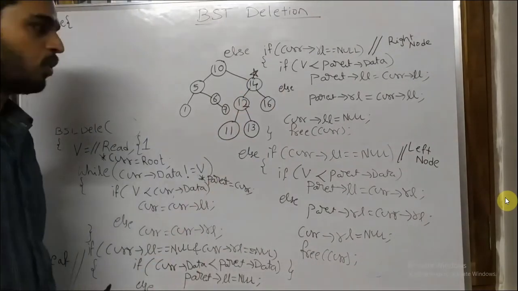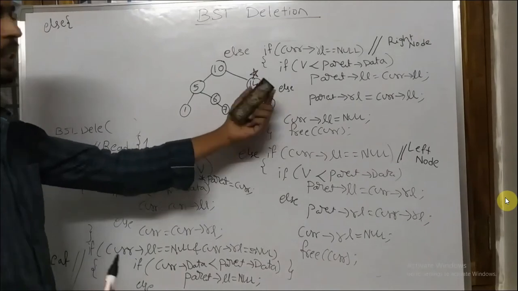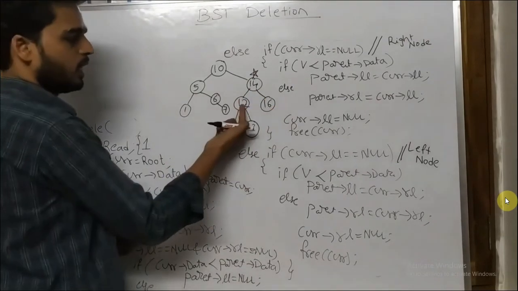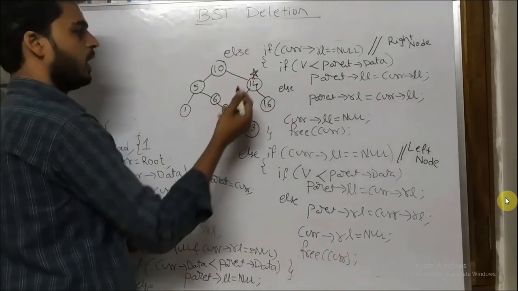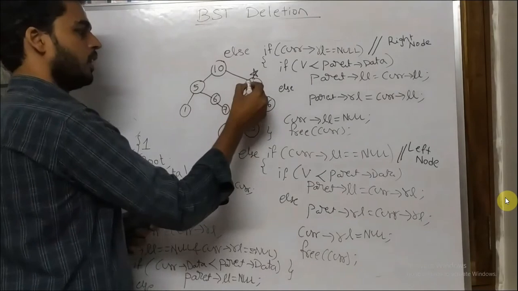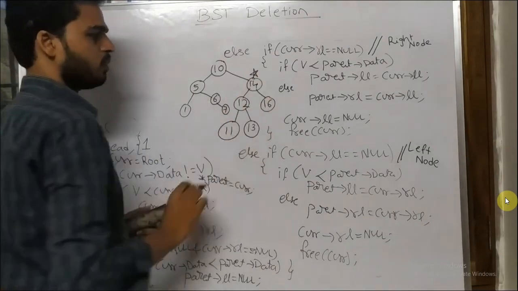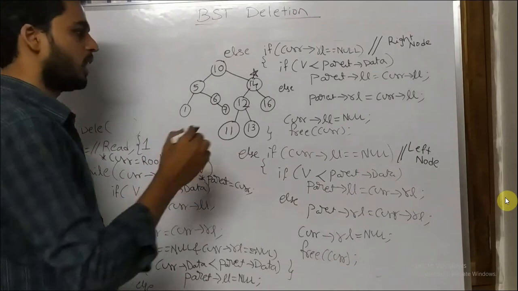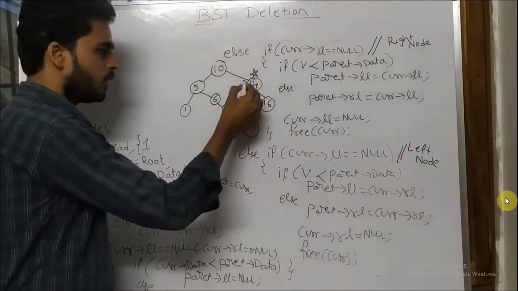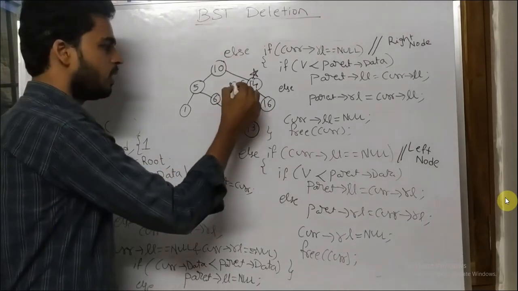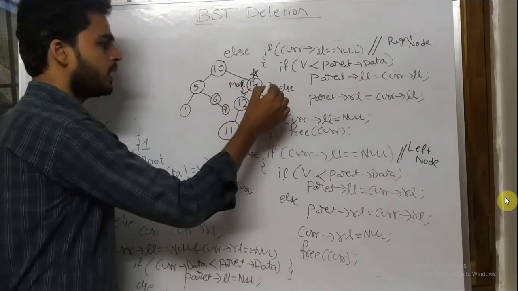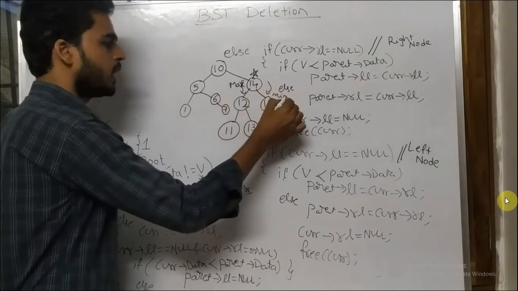If I want to delete the node 14, obviously you know this is having two children, and if you want to delete this node, what you have to do? In the previous videos I have defined: either you have to take the maximum value from the left side, or the minimum value from the right side.